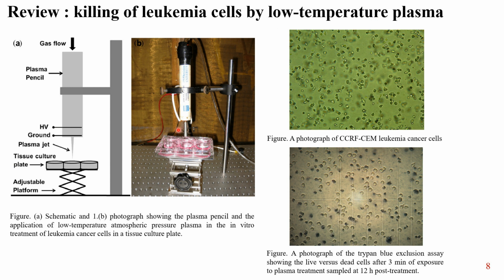In this paper, the effect of LTP treatment on a single tissue culture cell line of leukemia cells has been investigated to determine the antitumor activity of LTP and the long-term effects of plasma-induced cell death. Here they use a pencil that generates a plume or jet of non-equilibrium plasma at atmospheric pressure and low, biologically tolerant temperature using the dielectric barrier discharge concept.